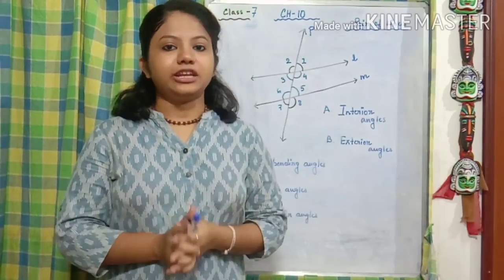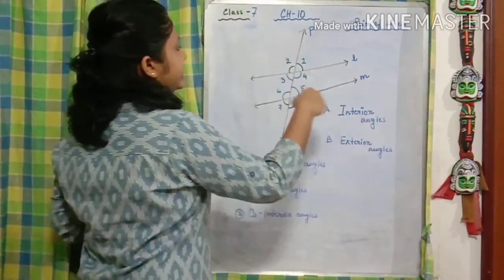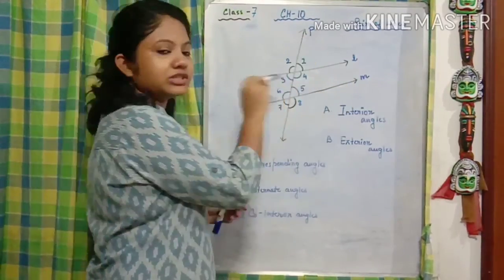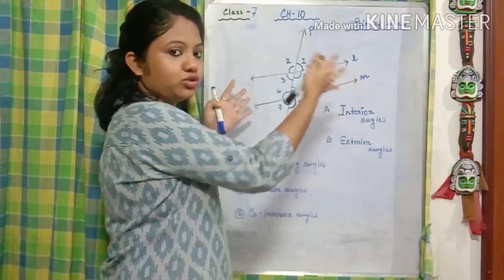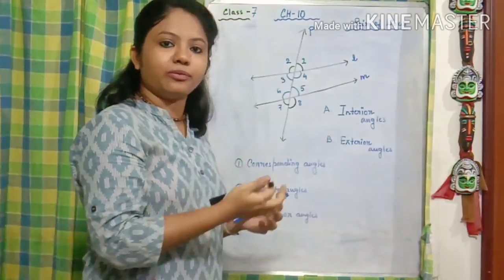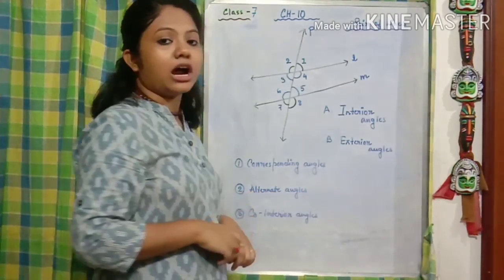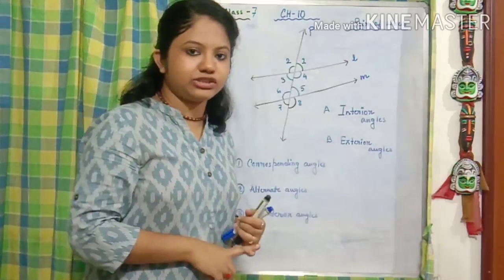Now we are magnifying the transversal line, so that you can see and understand the angles formed there. The two major kinds of angles forming are the interior angles and the exterior angles.